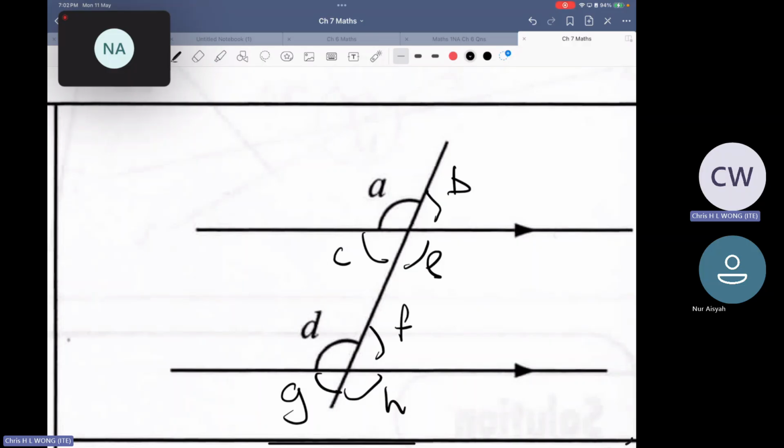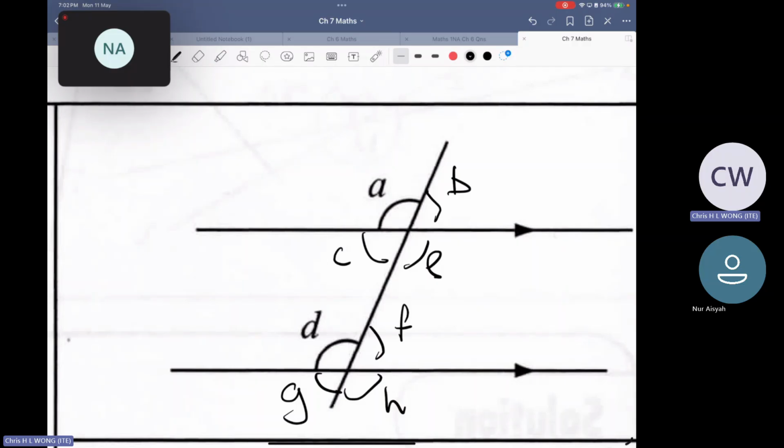Actually, it must be at the same position, the one below. So you look at the next line, the line below, and these two are the same here.